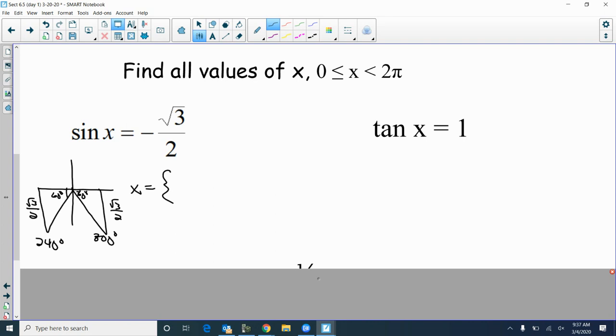What is 240 in radians? Multiply 60: 4 times 60 is going to be 4 pi over 3. And what's 300? It's going to be 5 pi over 3. So you got those two answers.